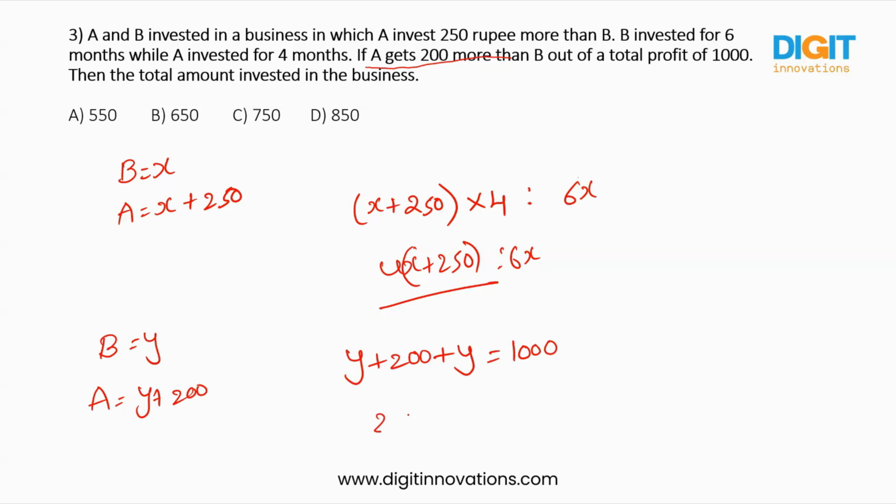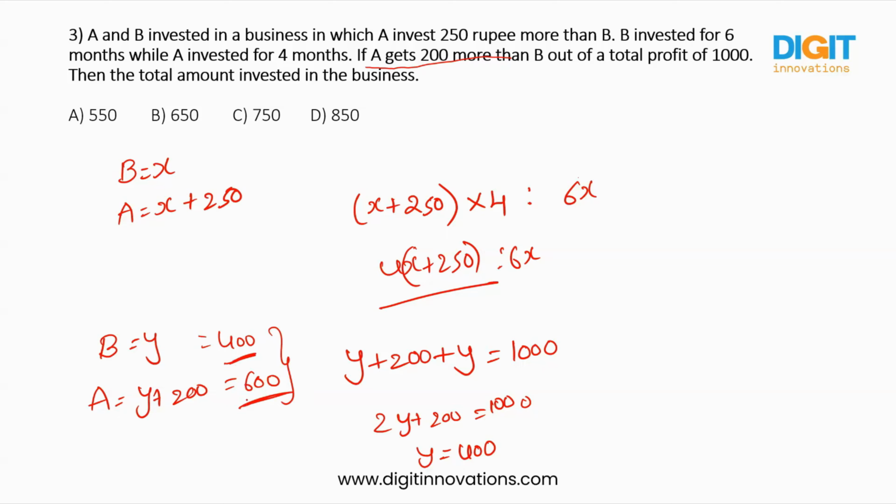Okay, 2Y plus 200 equal to 1000. So it will become 800. Y will become 400. So here Y is 400 and A is 600. Okay. So in the total profit 1000, A is getting 600 and B is getting 400.